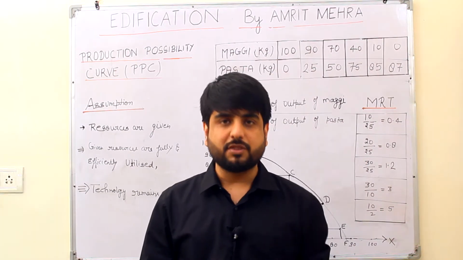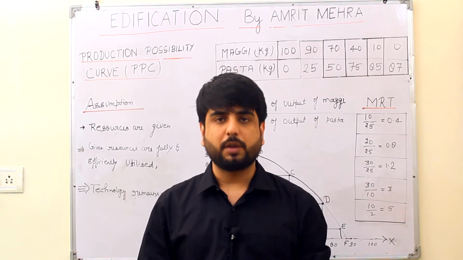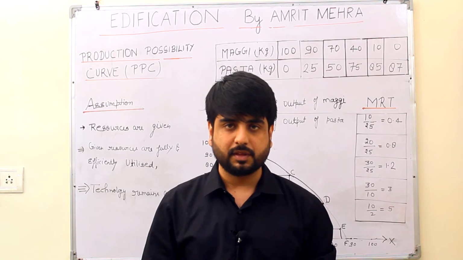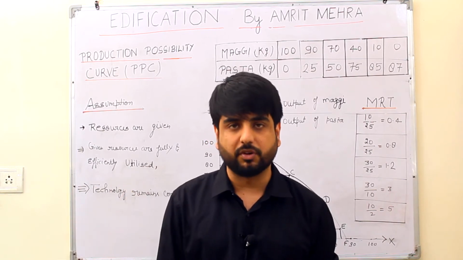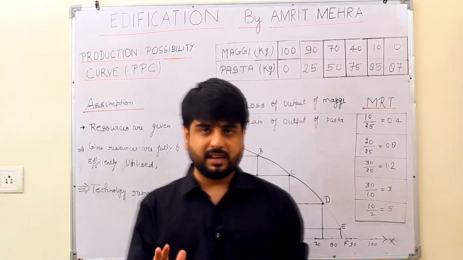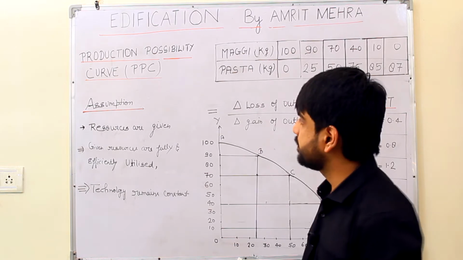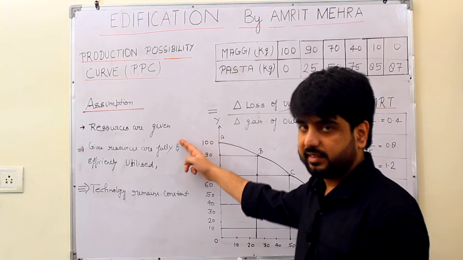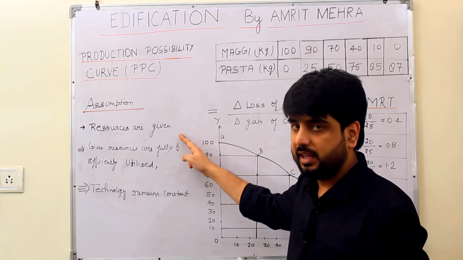Then the major part in the initial chapters is about production possibility curve. So I would just start explaining the production possibility curve. Before I explain, this also is based upon certain assumptions. Let's talk about them. First assumption is resources that a producer will be using is already given.